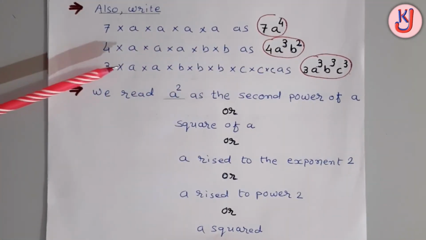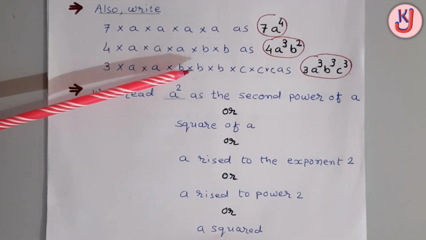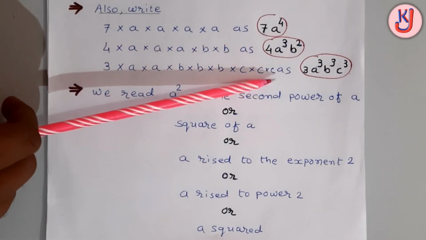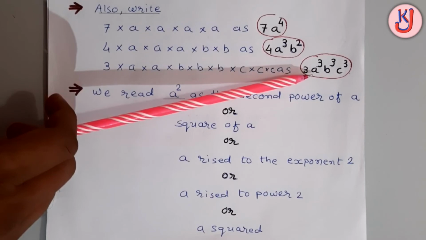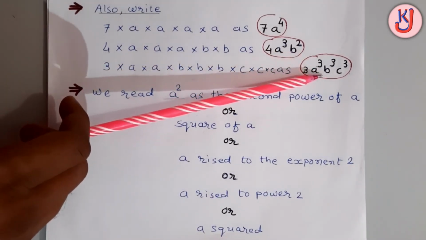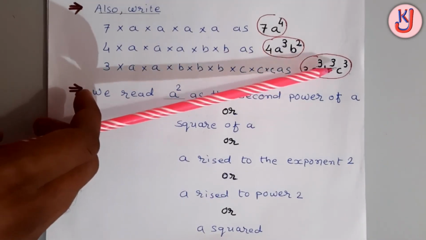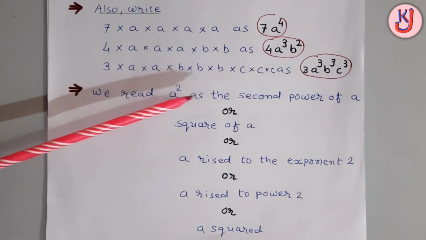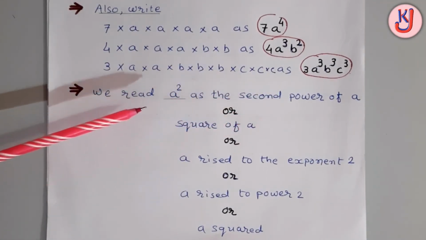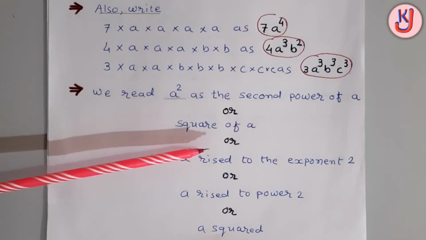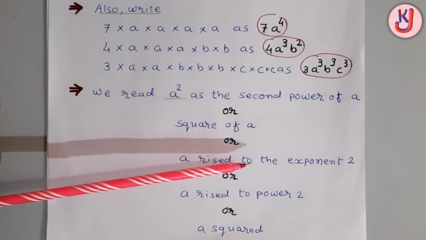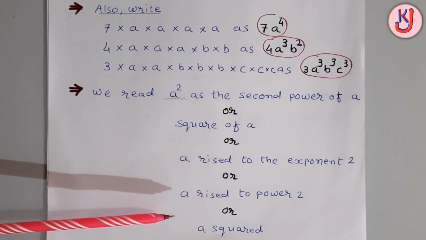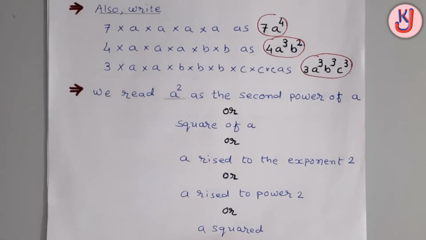And 3 into a into a into b into b into b into c into c into c we can write as 3 into a raised to 3, b raised to 3 and c raised to 3 as well. We read a square as the second power of a, or square of a, or a raised to the exponent 2, or a raised to power 2.